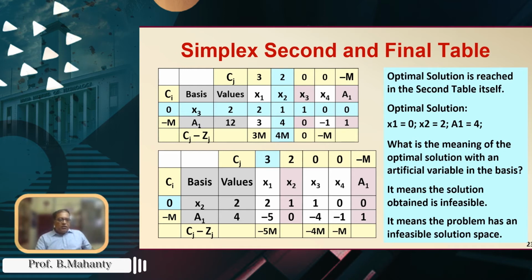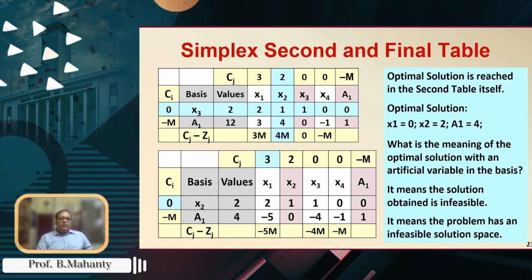So what is the meaning of an optimal solution with an artificial variable in the basis? That means this is not feasible. It means that we got a solution which is infeasible. Once the optimal solution is obtained we cannot solve it any further, and the artificial variable remains in the basis, so the problem has an infeasible solution space.